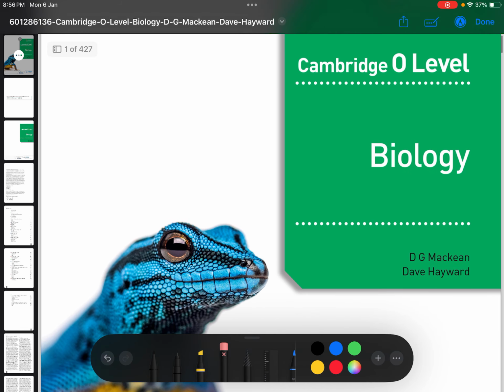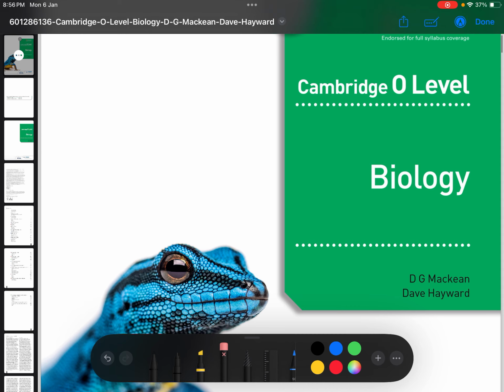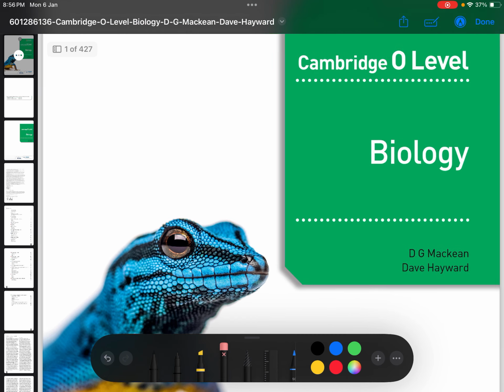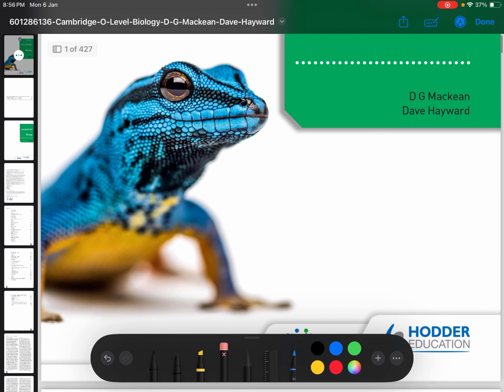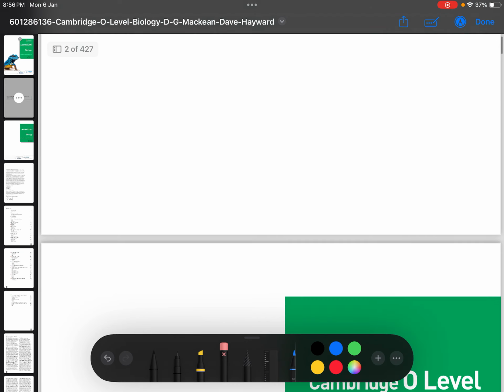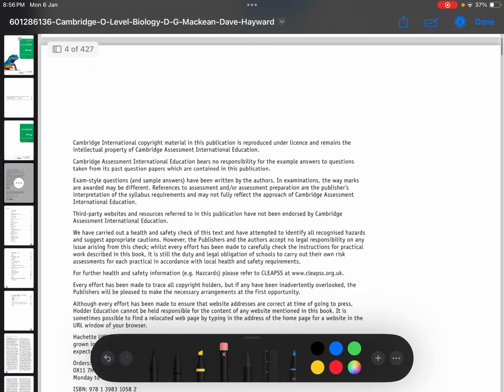The book I'll be referring to is Cambridge O-Level Biology by D.J. Meckin. This book has been referred to by Cambridge themselves on their website, so you could refer to it as well. Throughout the series of O-Level Biology, I'll be using this.